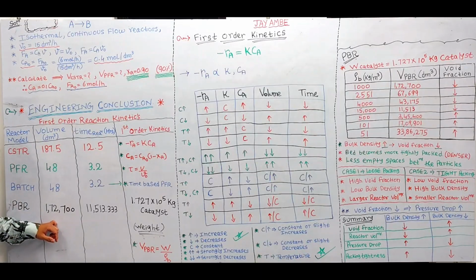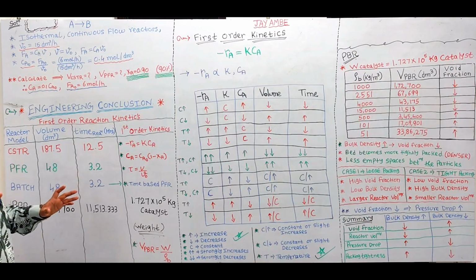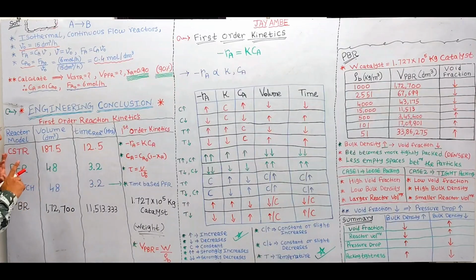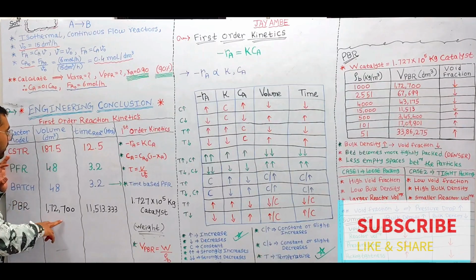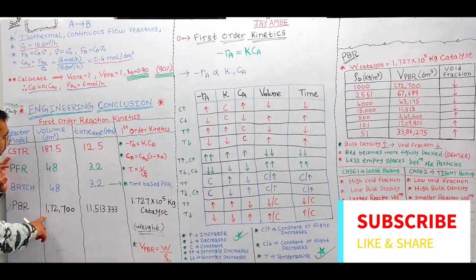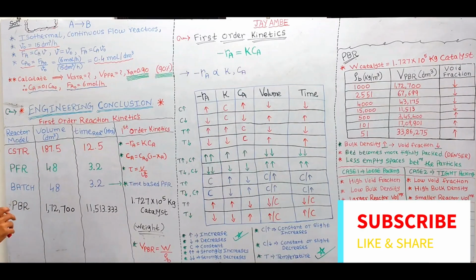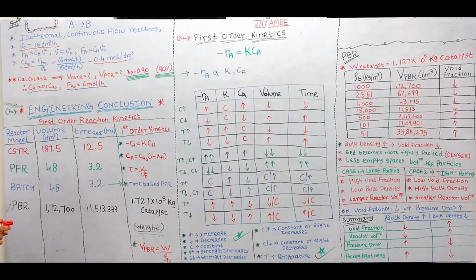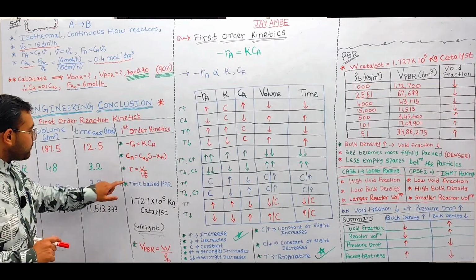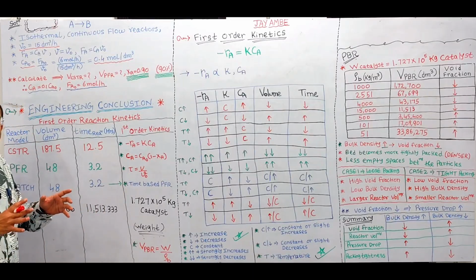By using that method to design how large a volume of packed bed reactor we require in order to achieve 90% conversion, we have obtained the volume of the packed bed reactor, which comes out to be 1,72,700 cubic decimeter, required in order to achieve the desired conversion of 90%. And by using the fundamental concept of space time, we have calculated the reaction time.